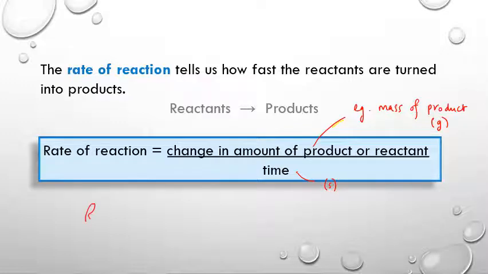So rate of reaction is going to have units which are some kind of amount, e.g. grams, divided by time, so per second: grams per second, or centimetres cubed per second, or something else. So it could be litres per second or kilograms per second, but you need to have an amount divided by time.